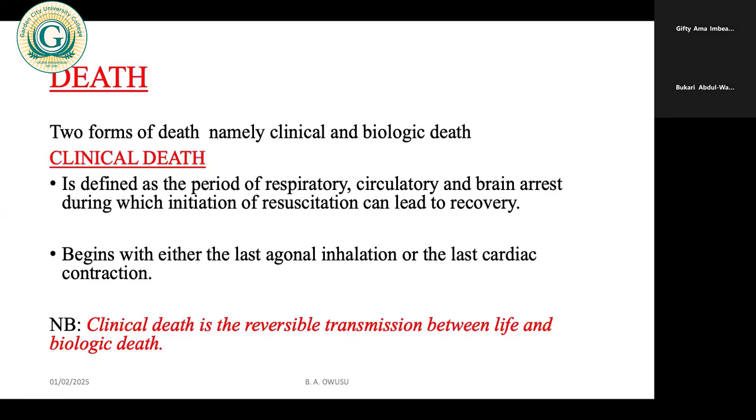Some decide to go. But those who feel that maybe two or three are still working and only one looks checked in terms of clinical death will take their time to see what will happen. Okay, thank you very much.